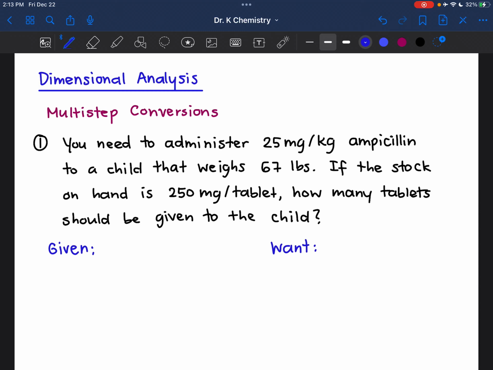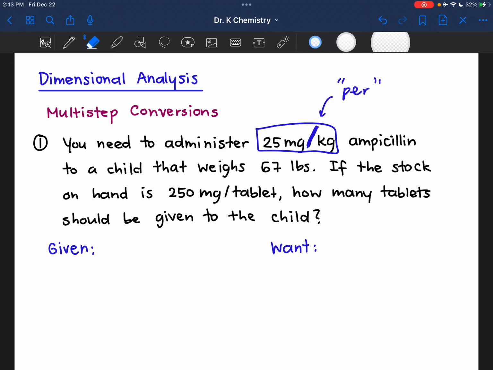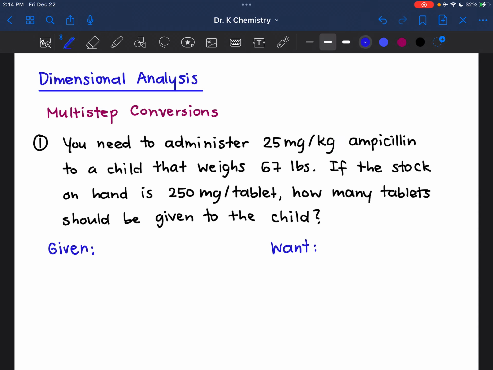Now, there's a lot of information here that is given to us. And when I say given, I mean I'm looking for a number and a unit that is off by itself. It's not part of a conversion factor. So notice that this one has that slash, which really means per. Anytime I see per or any kind of slash or anything that looks like a dosage, that's a conversion.